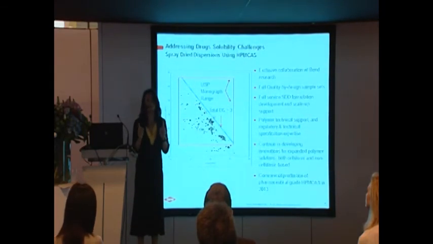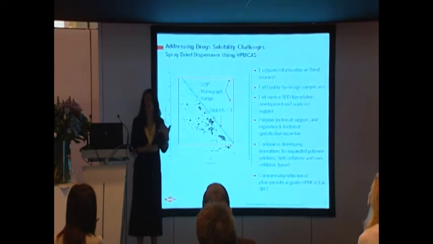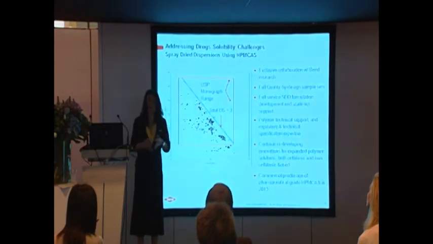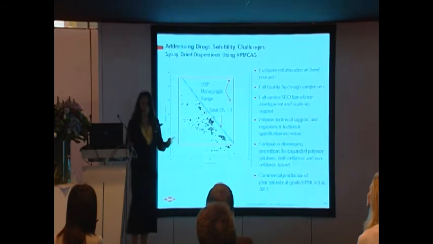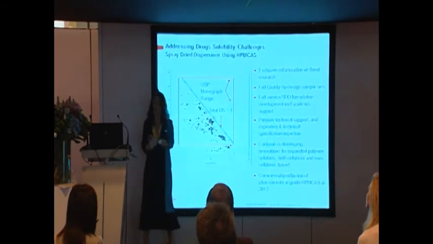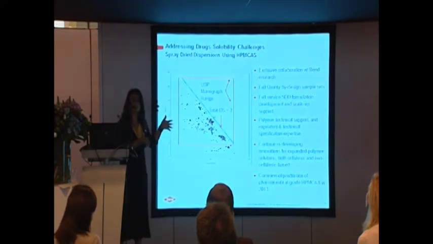And this is a limiting factor for why a lot of APIs cannot reach clinical trials. We cannot make a robust formulation and improve the solubility of these APIs because the different grades that exist in the market have limited substitution. So what we did, you see here all these black dots. Because of our polymer chemistry knowledge, we played with this substitution.